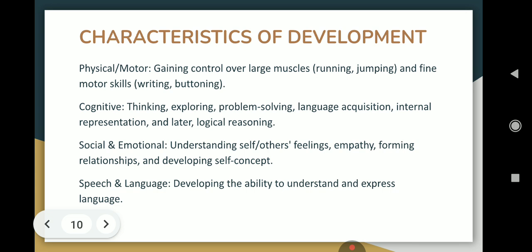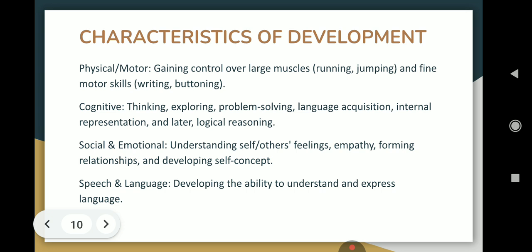Even when they play, small kids will not know how to use small things, when they grow up they'll use little things to play, like building blocks and all. That is physical development. And cognitive is nothing but everything which is related to your mental ability.